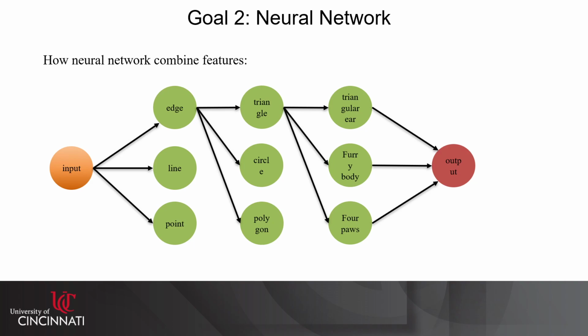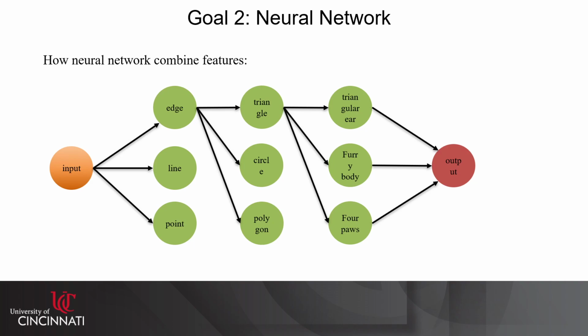And then once we're at the third level, we're already identifying anatomies, body parts of the animal, and then we feed all that information to the output layer. The output layer will say, okay, it has an ear, it's a furry body, 4 paws, that's a dog.